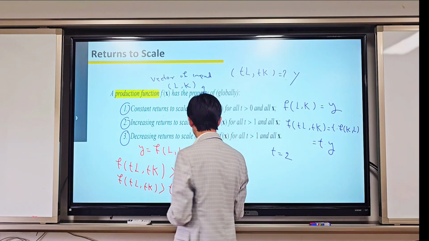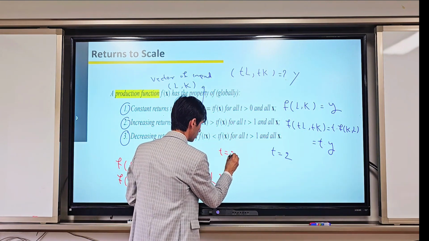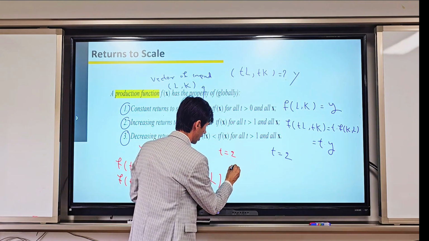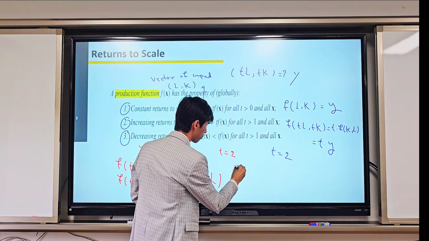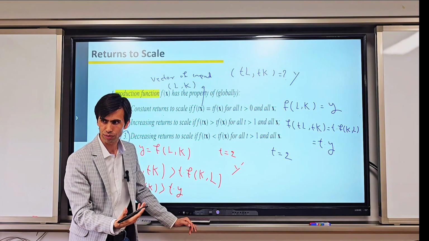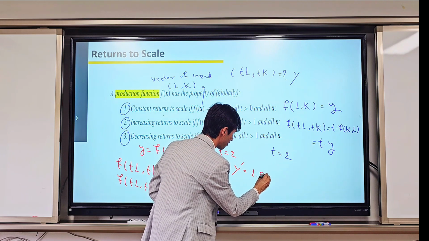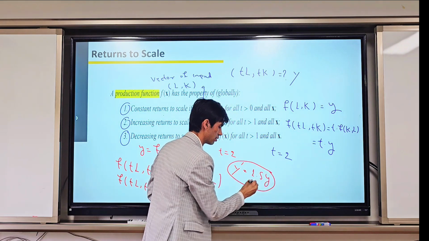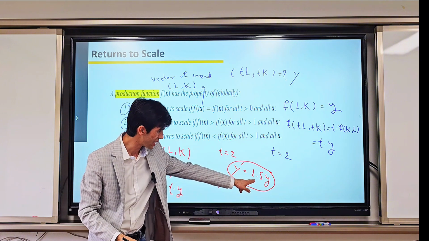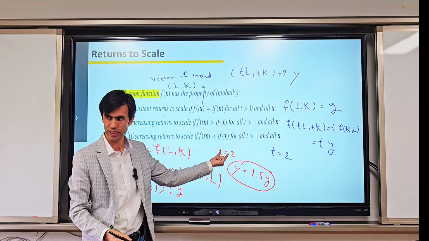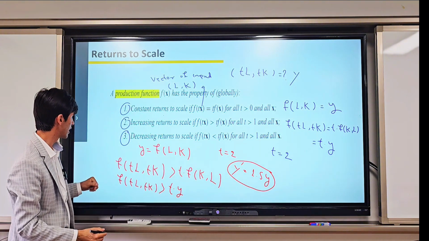For example, when t is equal to 2, y prime, which is your new output, is somehow 1.5 times your previous output. It increased, but not as much as t, but less than t. So it's decreasing return to scale.